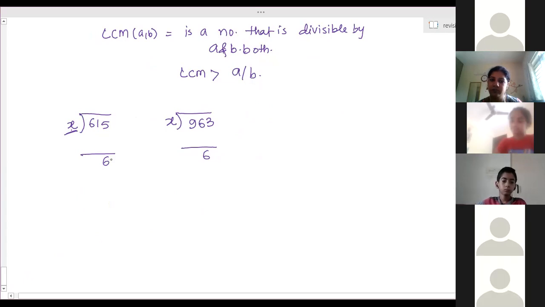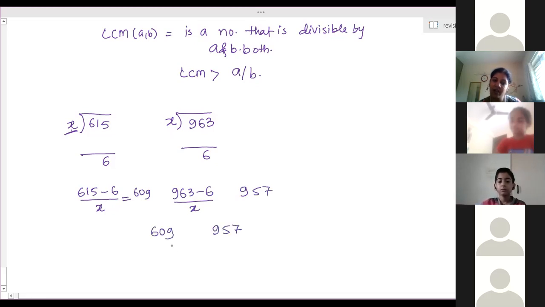615 minus 6. So you have to do 615 minus 6, then that number is completely divisible by X, right? And here also, 963 minus 6, that number is completely divisible by X. So these numbers are 609 and 957, which are completely divisible by X. So what is X then?